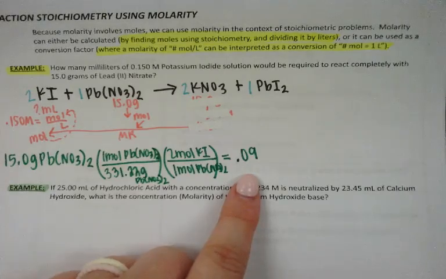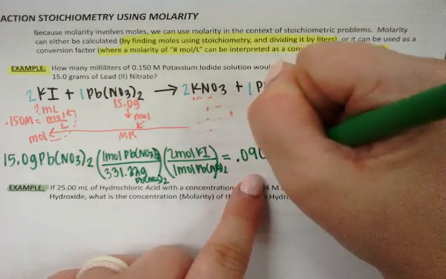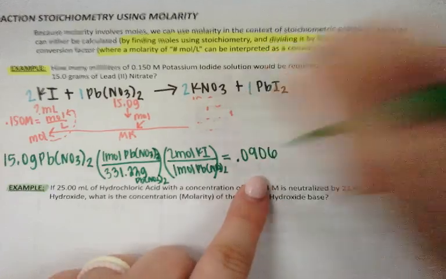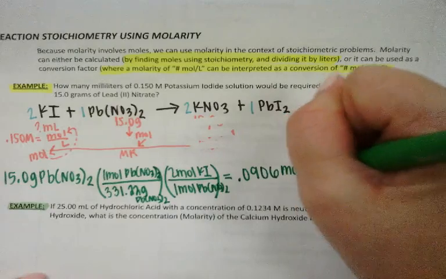What'd you get? 0.6. Did everybody get that? Okay, so this is moles of KI.